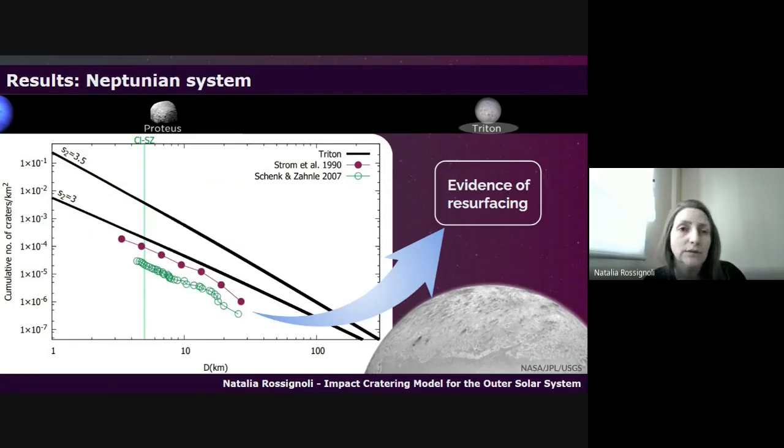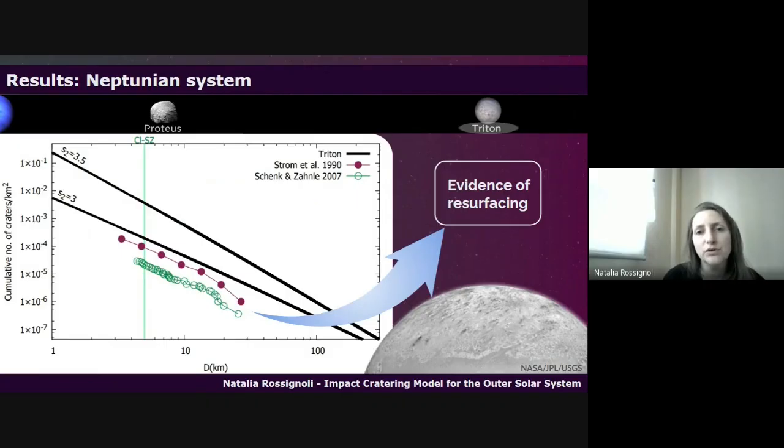But for Triton, we did compare to the crater counts, and what we saw was the opposite case than for the Uranian system. We have in mind that Triton is a very special satellite because it's an irregular satellite that orbits in a retrograde orbit, and it is thought to have been captured by Neptune.